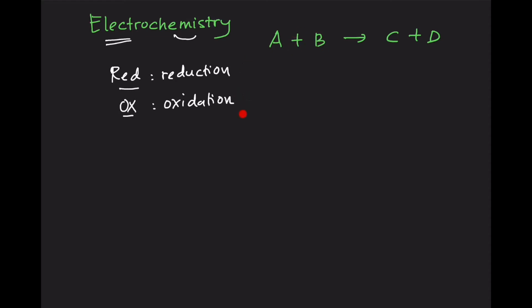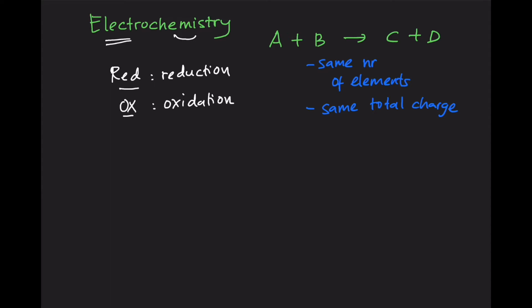In redox reaction, the way to balance such reactions is not only making sure that they have the same number of each element, but also the same total charge for the product and for the reactant.